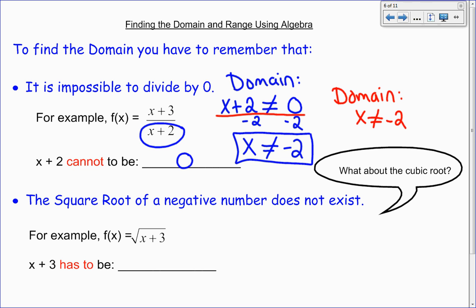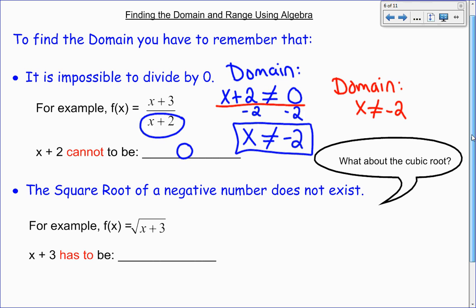The other thing that we have to pay attention to when we're using algebra to define domain is that we can't have the square root of a negative number. We can do the square root of 0, we can do the square root of positive numbers, but we cannot have square roots of negative numbers.